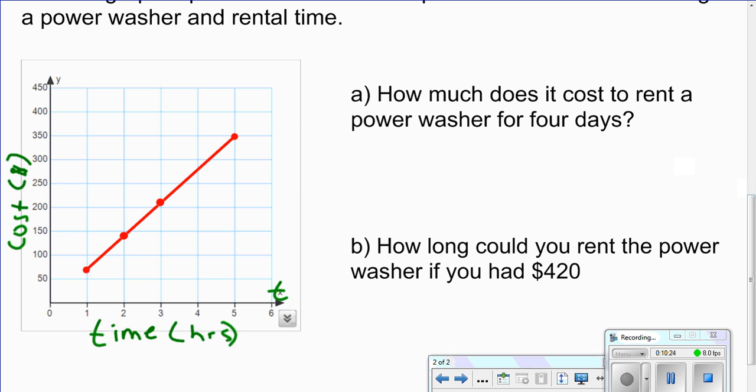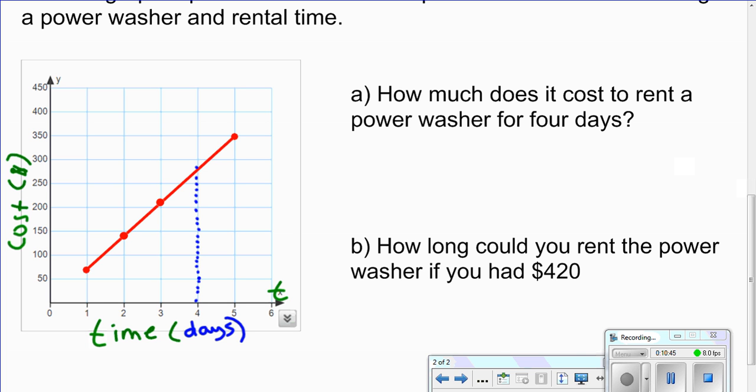So the first one says, how much does it cost to rent a power washer for 4 days? So I'm going to change our time from hours to days, because otherwise we're really going to have to extrapolate and it's not going to make much sense. So let's go to days. Okay, so 4 days. So we're going to follow up our line. You can use a ruler or something to help.